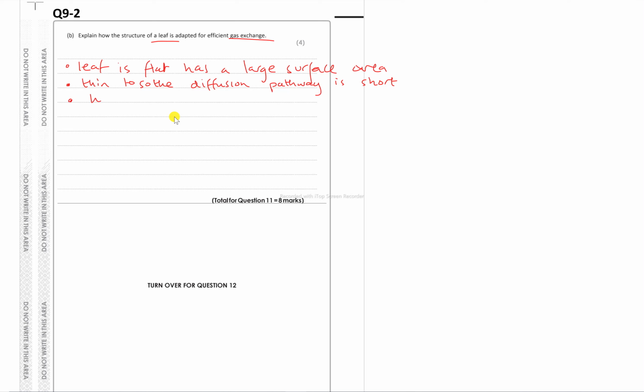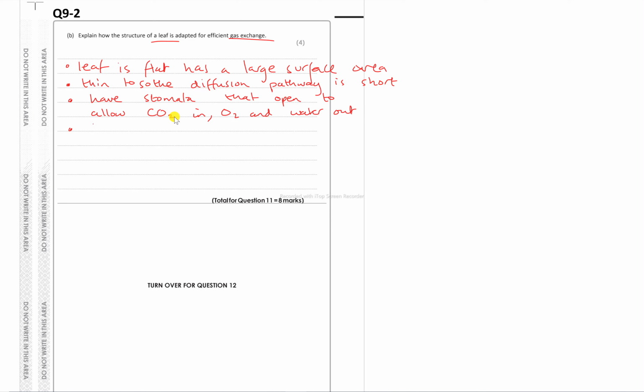You also have stomata, those are pores at the bottom of the leaf that open to allow, let's just say, CO2 in, oxygen and water vapor out.